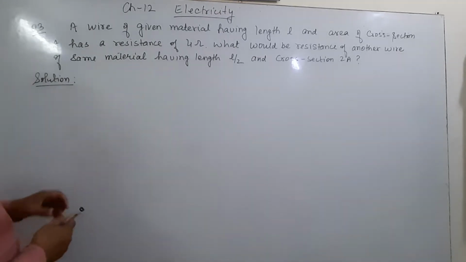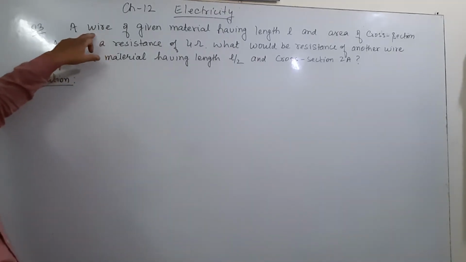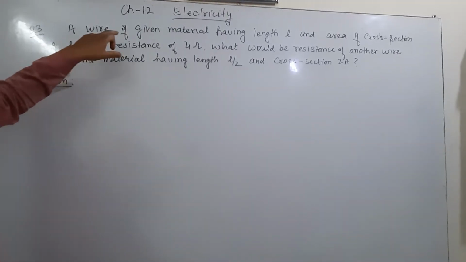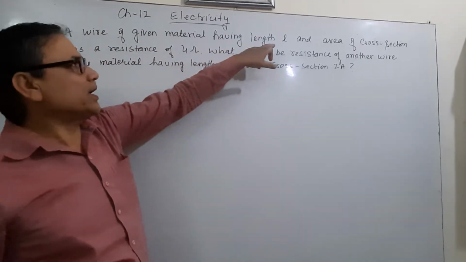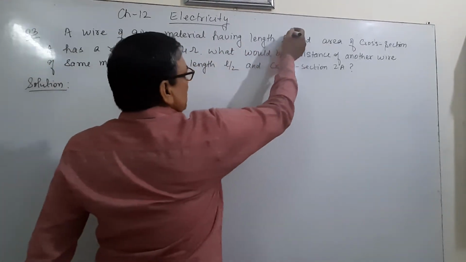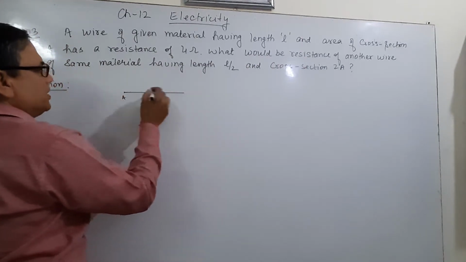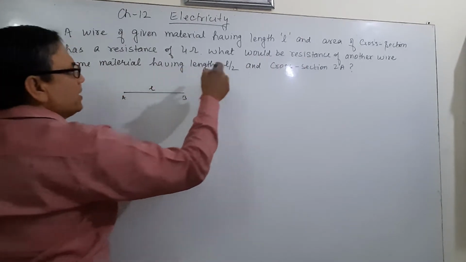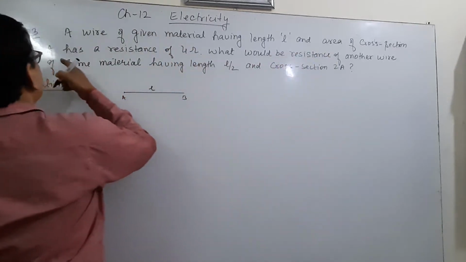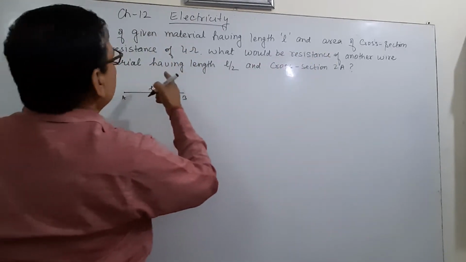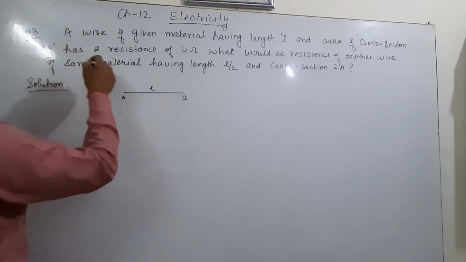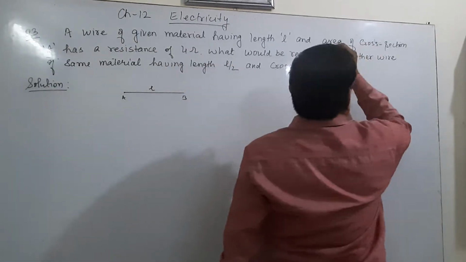And now the third question: a wire, which allows the electric current to pass, of a given material, having the length L. This is the wire A, B, it is the length of the wire, and having the cross section A. Cross section means area of cross section.